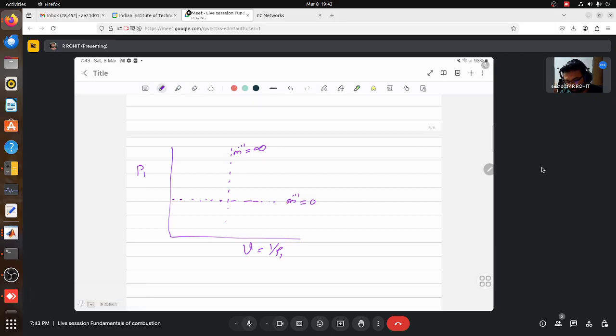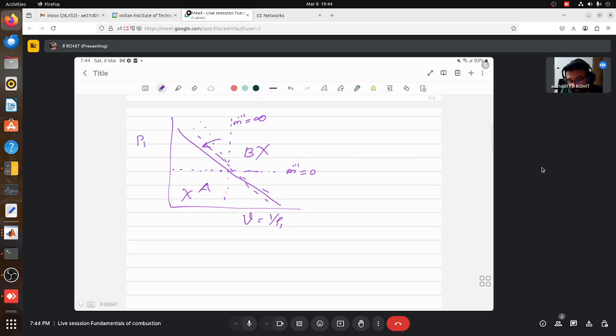So you have a straight line with a negative slope like this. This is the Rayleigh line. And if you see here, your Rayleigh line decreases in slope as you decrease your specific volume. And these regions A and B are not possible regions. A and B are the physically inaccessible regions for this particular structure.